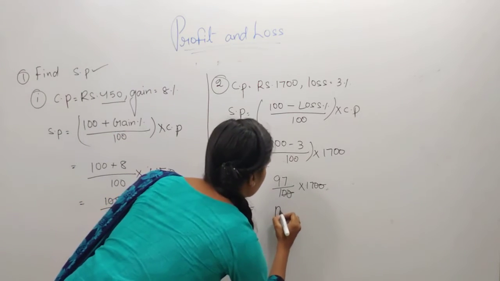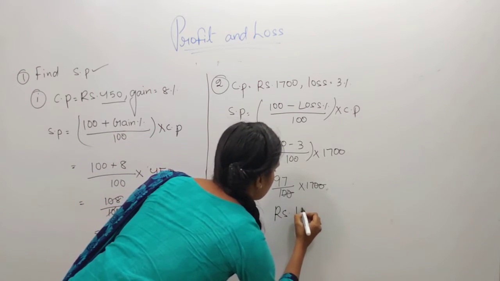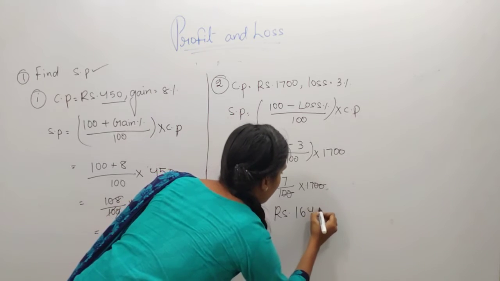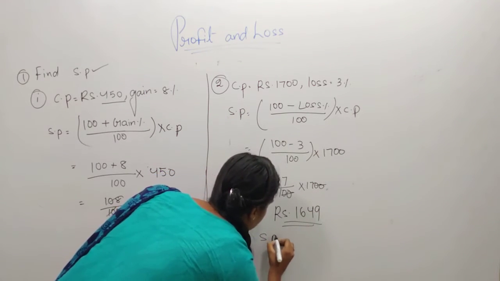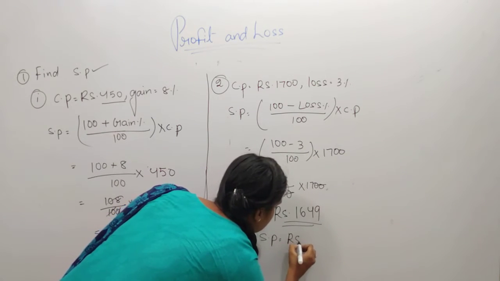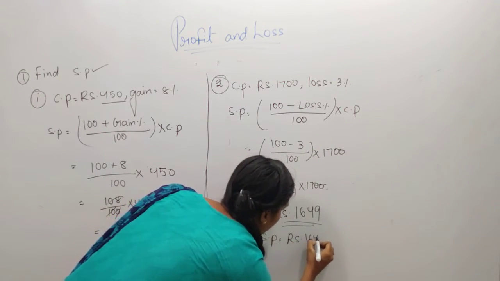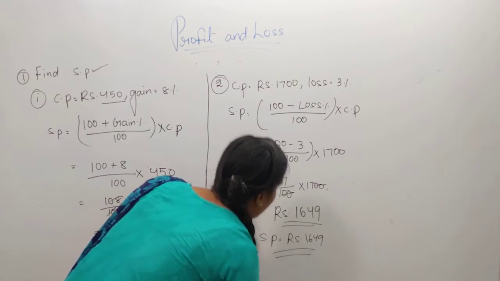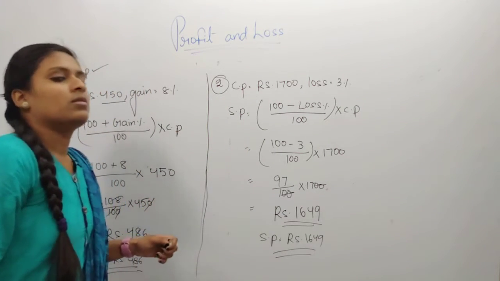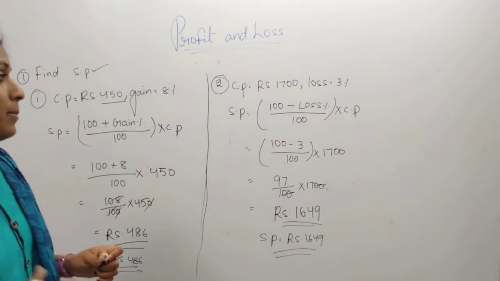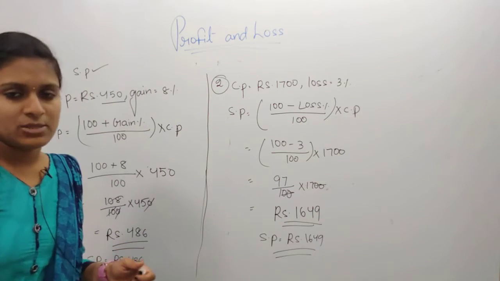Rupees 1649. This is the SP. SP is equal to rupees 1649. This is the final answer we got. Okay. Note this problem. Next, go to the next problem.